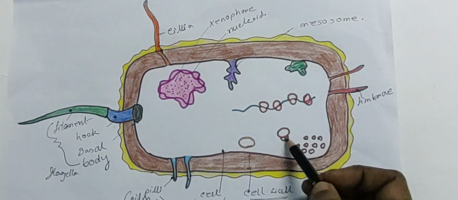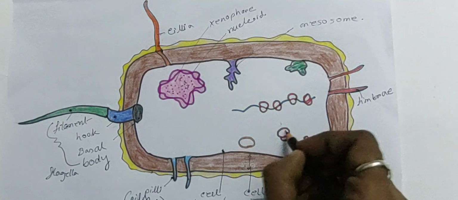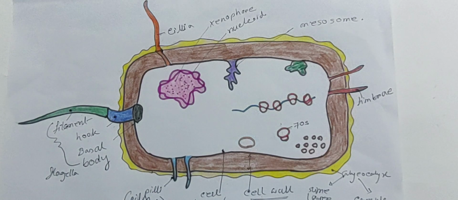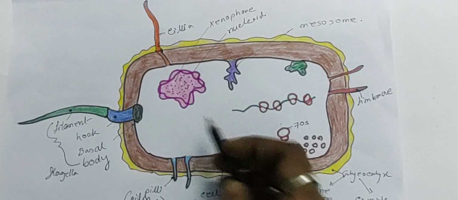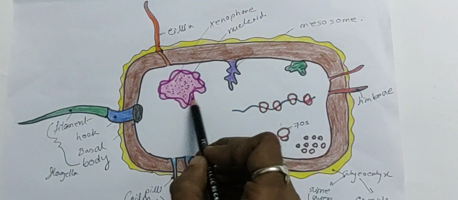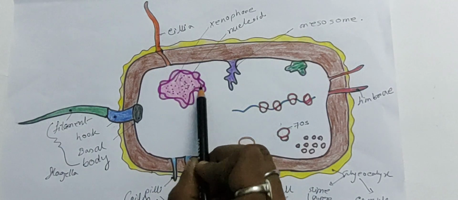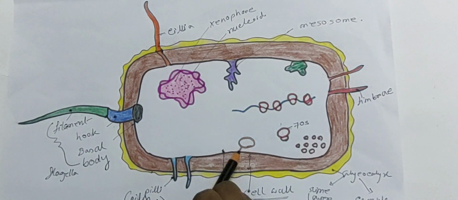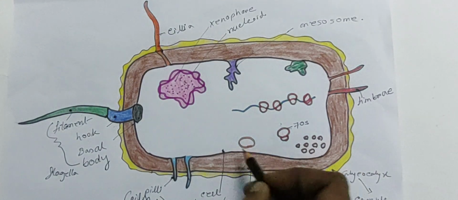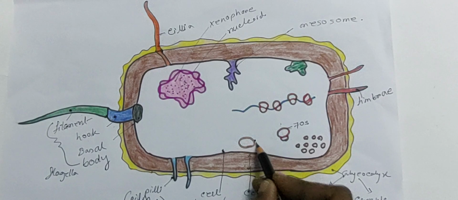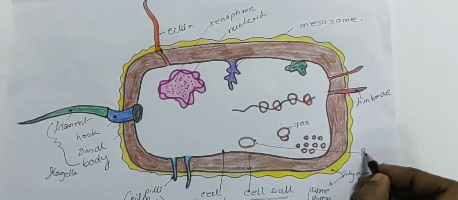Now, this is the ribosome, and it's a 70S ribosome. We can find it in the prokaryotic cell. And they have a chromosome. The nuclear material is actually a chromosome, and along with this nuclear material, they have another circular DNA. That circular DNA is called the plasmid.